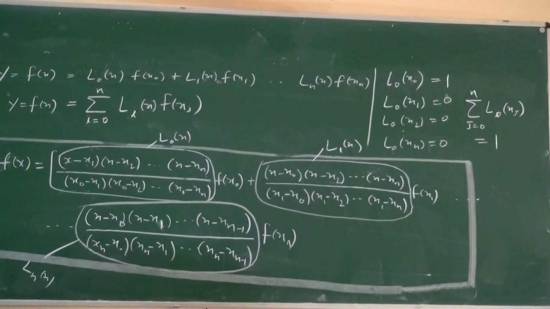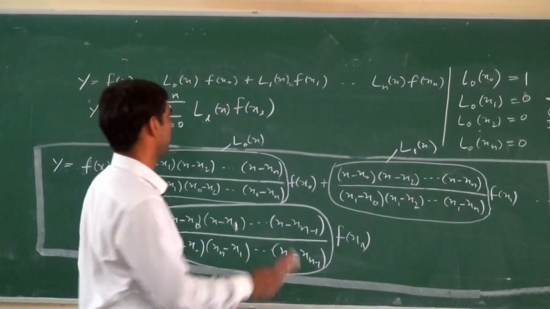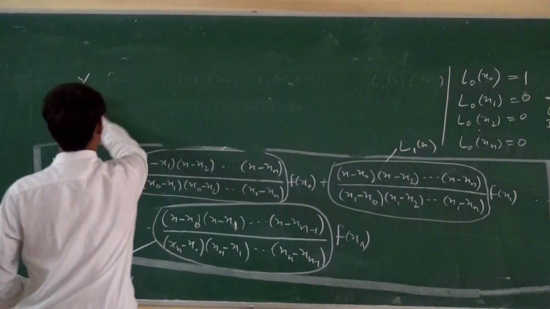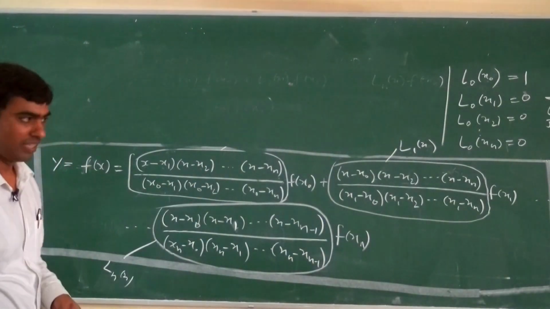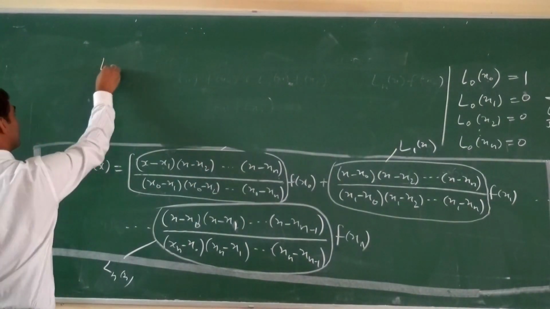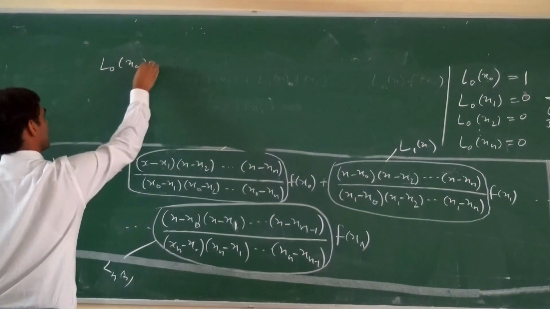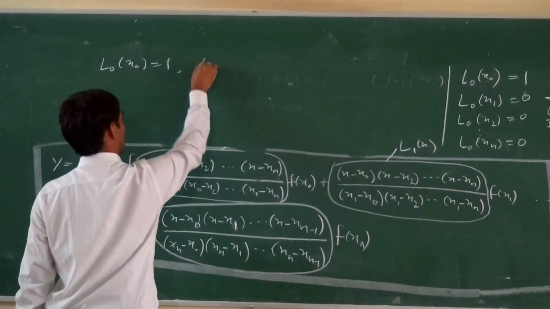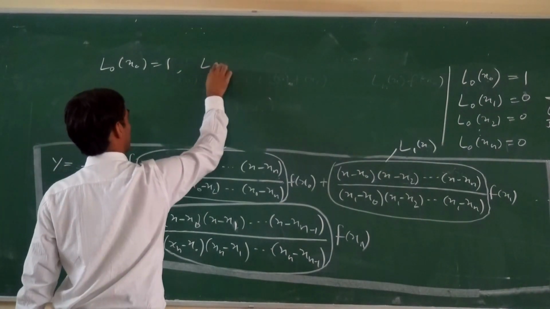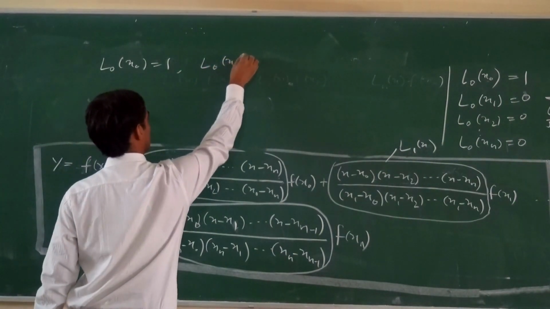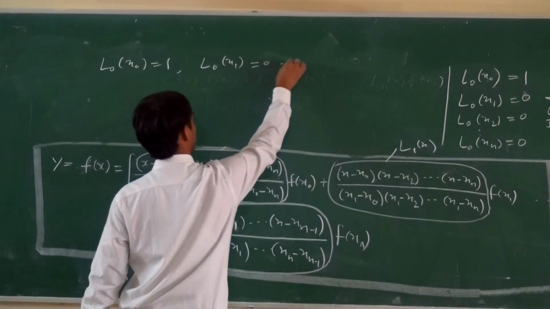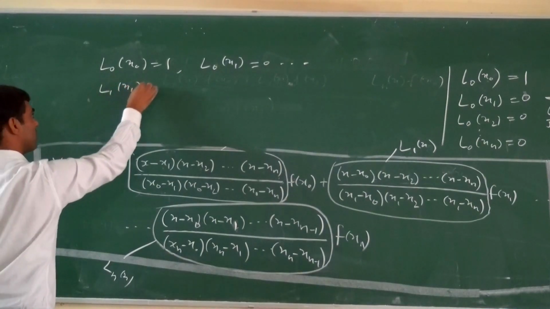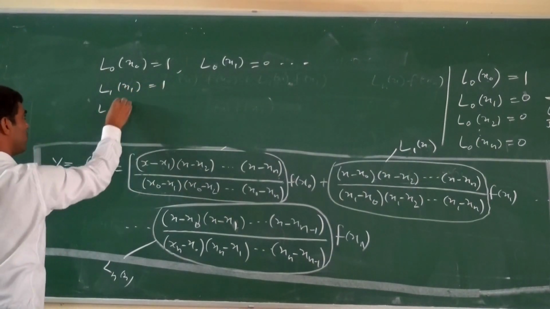So what we analyze is the property of the Lagrange multiplier: L0 x0 is 1 and all other values L0 x1, x2 are 0. Similarly, L1 x1 is 1. Similarly, L2 x2 is 1.